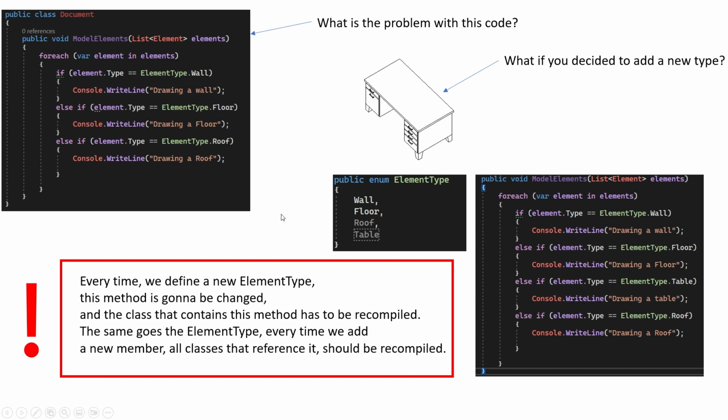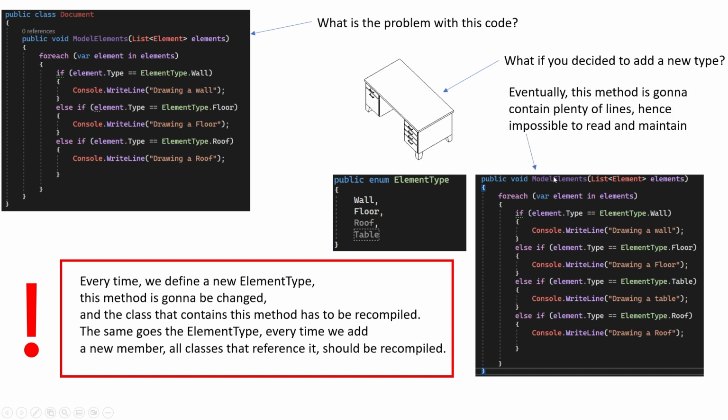And as you can see, how many changes we needed to make to just add one more implementation for this. And again, keep in mind that here I'm just showing a very simple logic. So I'm printing to the console a message that I'm drawing a wall. But in a real world application, you would need a lot of lines of code here to make it happen.